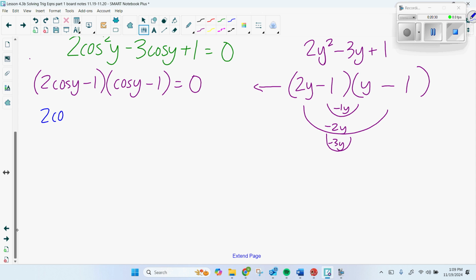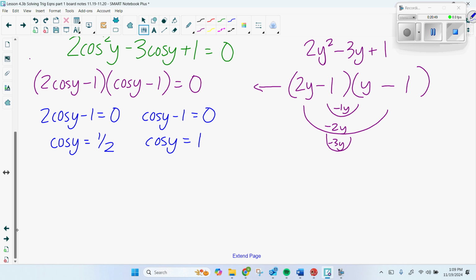Okay, so we split the factors. Yeah? Good? If I get this cosine alone, I get positive half. If I get this cosine alone, I get 1.